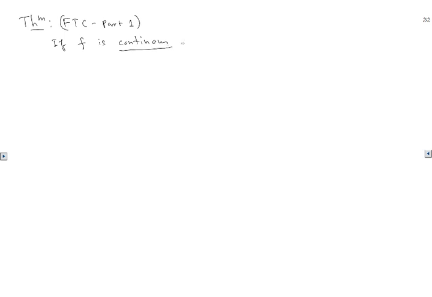If f is continuous on [a, b], so you need an interval [a, b], then the antiderivative F(x), the integral from a to x of f(t) dt. Remember that you have to be careful, don't use the same letter here. Since we have x as a limit, don't use x inside, use something else. So we use t. What it says is that if f is continuous, then this is also continuous.